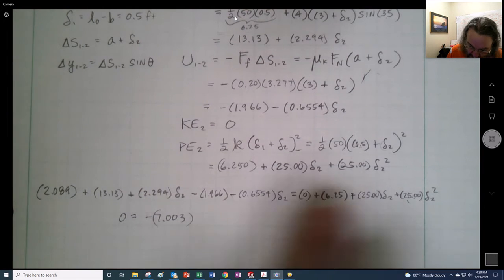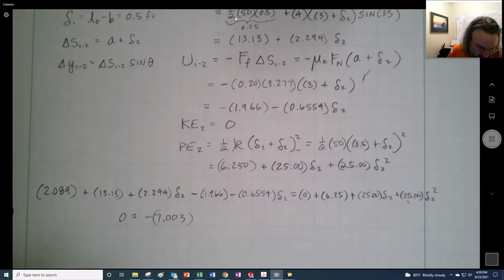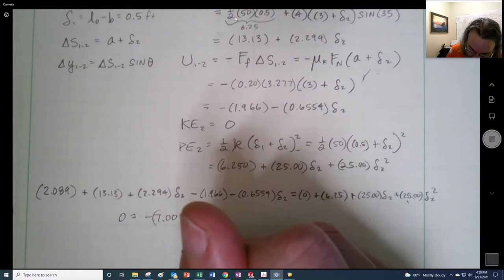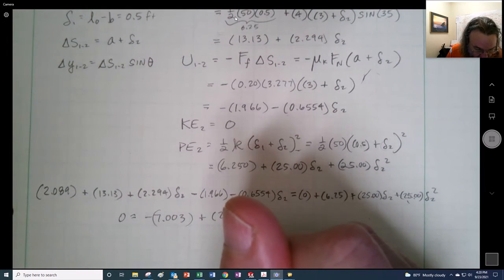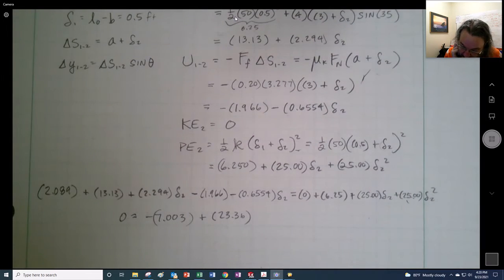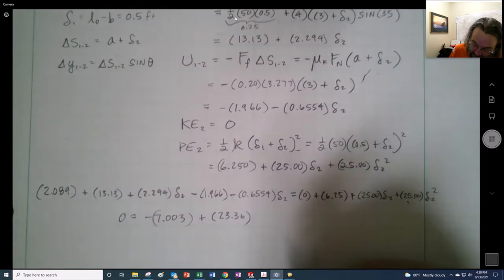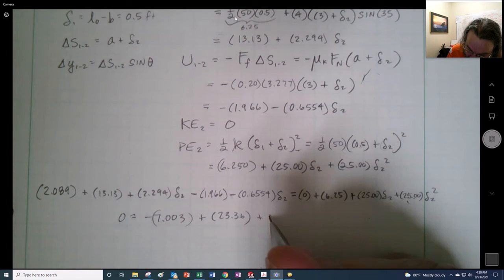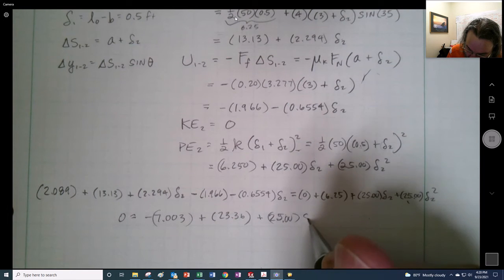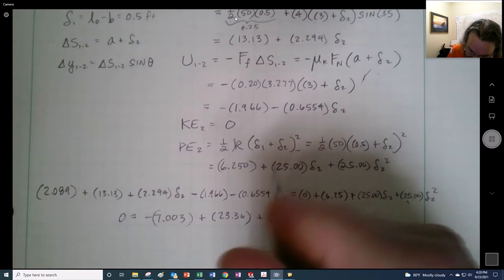And that's going to be minus 25. Right, but then we're going to take it as negative, so it ends up being positive 23.36. Is that right? I think so. And then finally, plus 25 del 2 squared. This is supposed to be del 2.